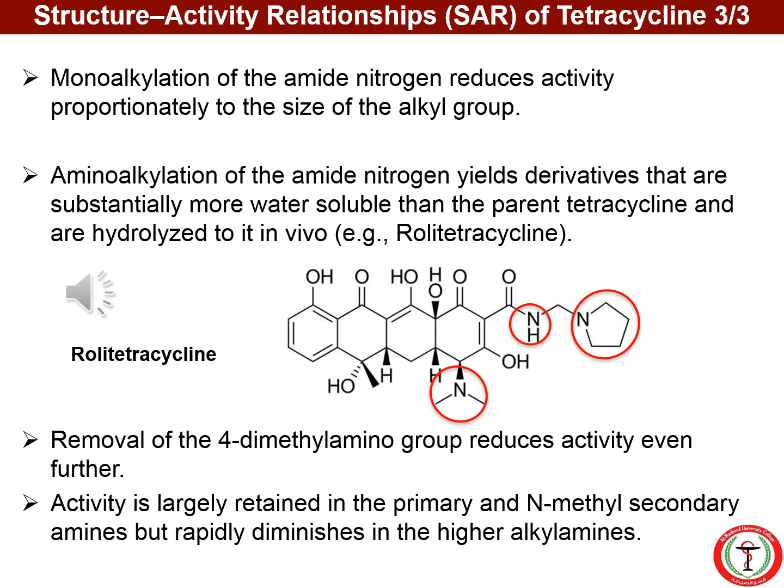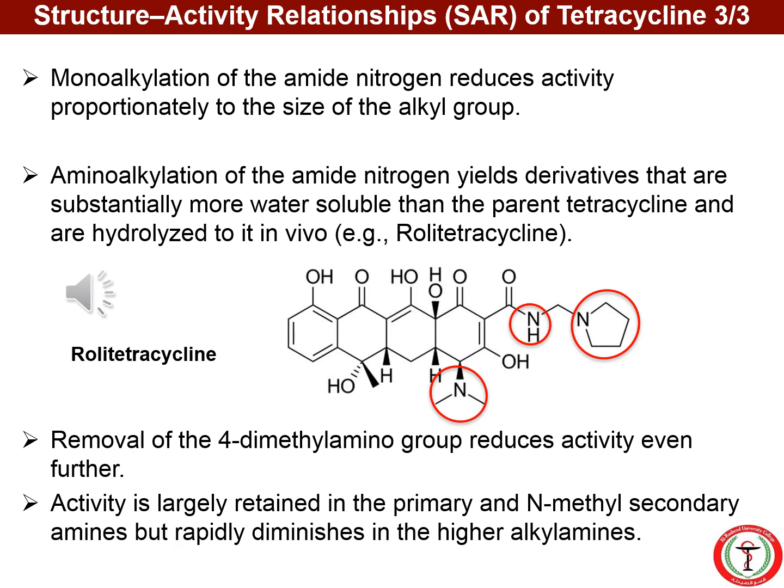Finally, and also in relation to the amide group of the tetracycline structure, I can simply conclude this slide for you. First of all, the activity can be either reduced or maintained by any change in the amide and 4-dimethylamino groups, both connected to ring A, which is the first ring of the tetracycline structure on the right, connected to a ketone group. So the activity can be reduced in 2 cases.